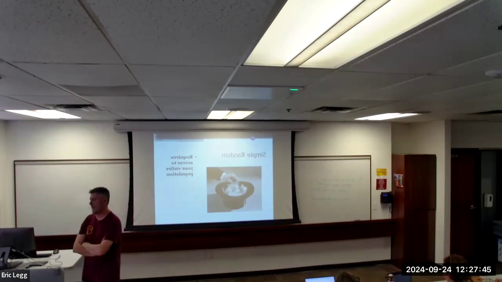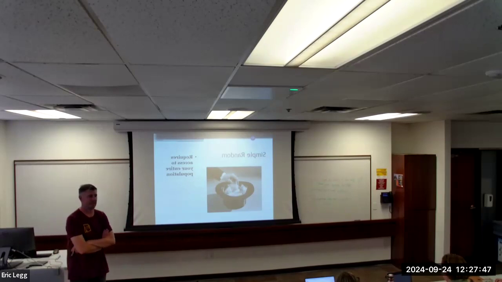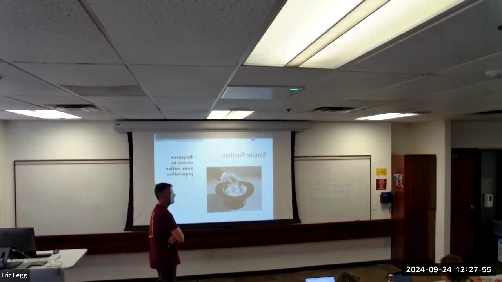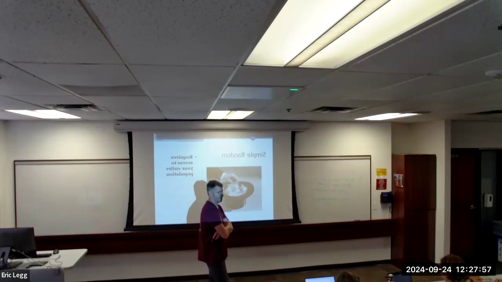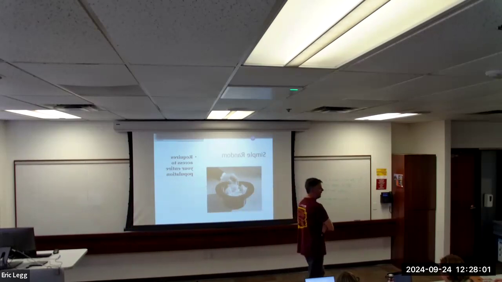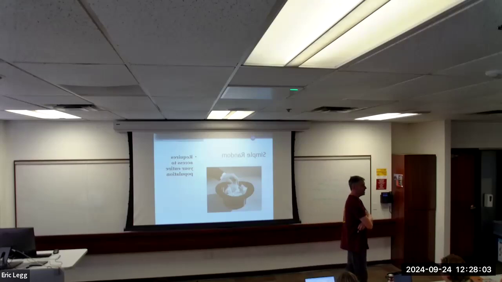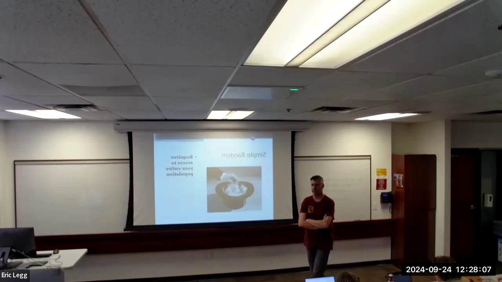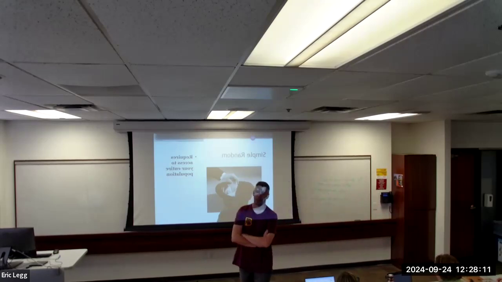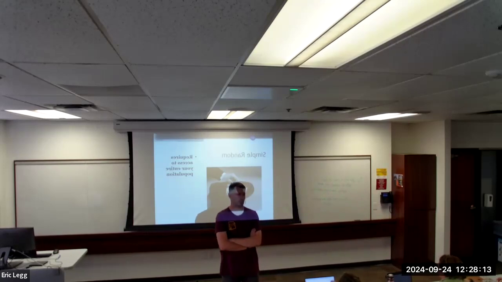The key to simple random is technically you have to have access to your entire population. If my population was college students and I wanted to do a simple random sample, I would have to throw every college student's name into a hat and draw from it.